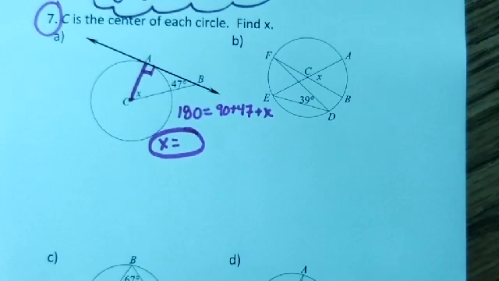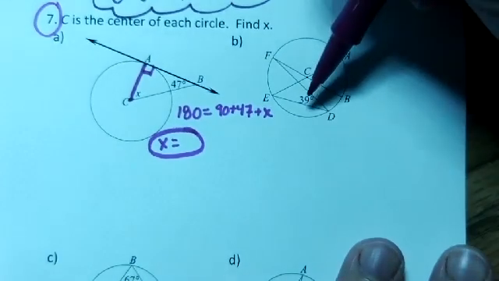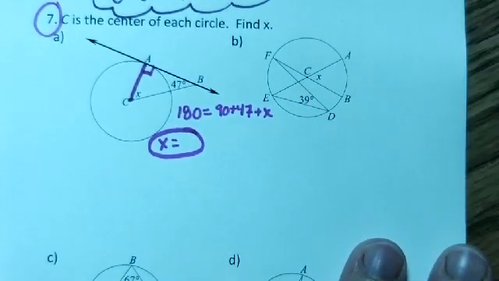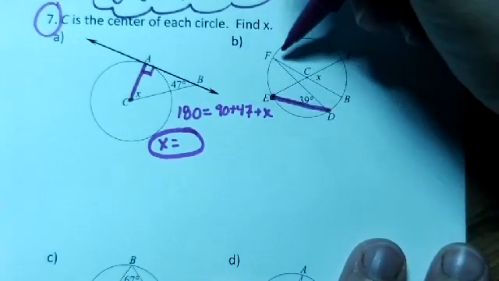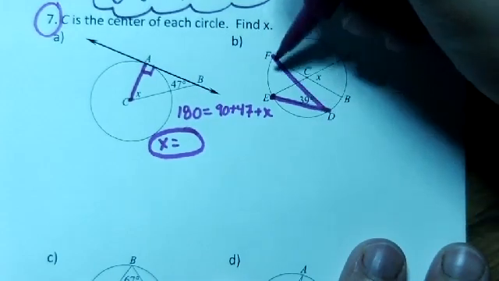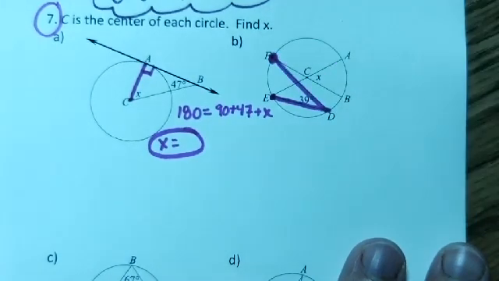Letter B, there's a lot going on in this problem. Again, I highly suggest you have different colors of pens so you can highlight and mark up what's going on. Okay. The piece of information that you're given is this 39. So I definitely want to pay attention to that. So I am going to outline where that 39 is. That 39-degree angle is made by those two segments.